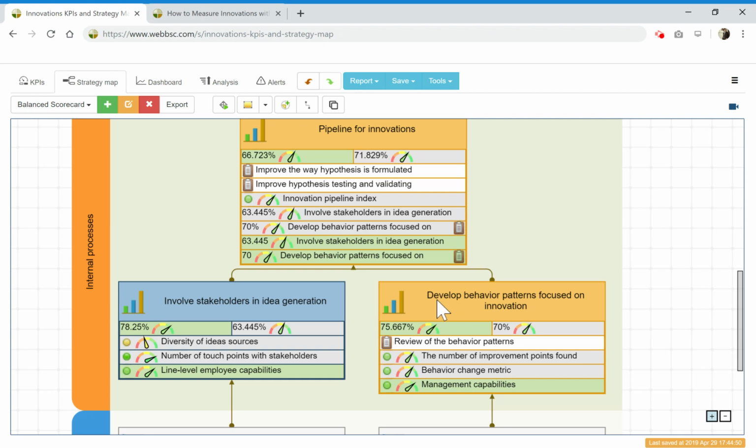Now, how do we know that we actually developed and implemented the necessary behavior patterns? Yeah. So after this review, we might find a certain number of improvement points. So we can quantify on this. If we did a review and everything looks fine, probably we didn't try hard enough. Yeah.